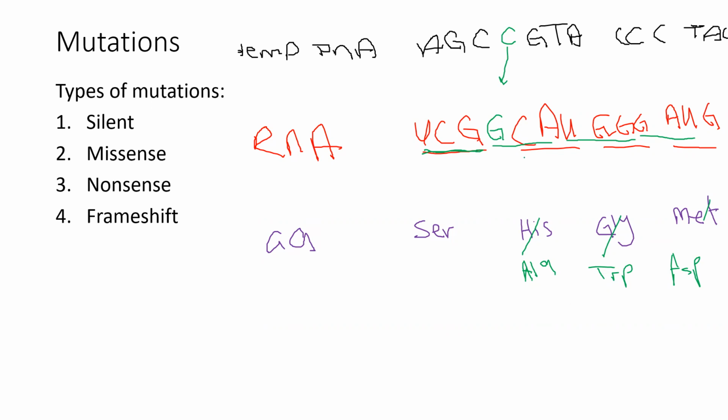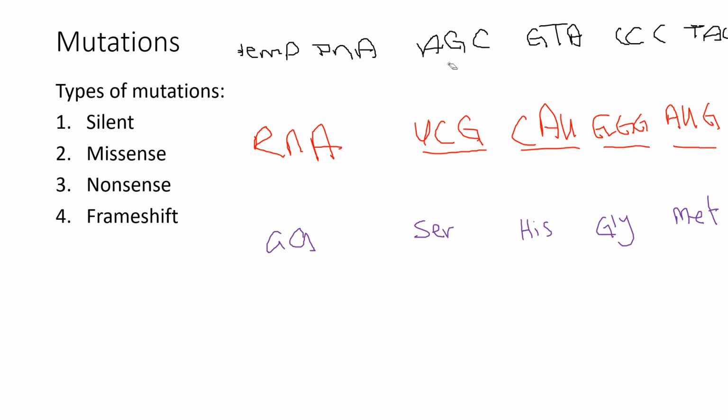So that was an insertion. The exact same thing is going to happen with a deletion. Let me do this real quick. By having one less nucleotide, it's going to throw off our reading frame. I'm going to mess with nucleotide number 2.